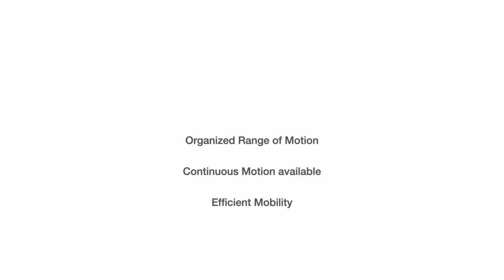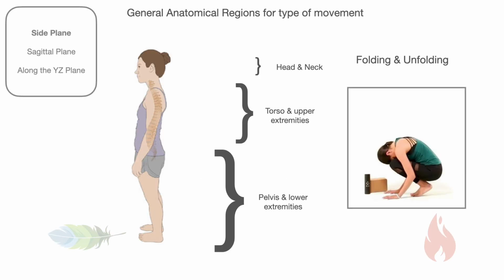All right. So for that side plane, really all of those 3 generalized regions allow for continuous movement along that plane. So the words I used to describe that movement would be either folding or unfolding.